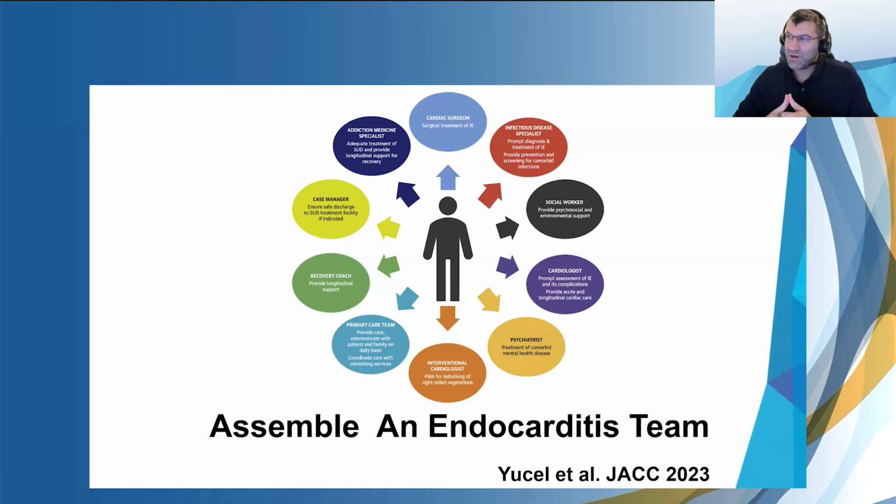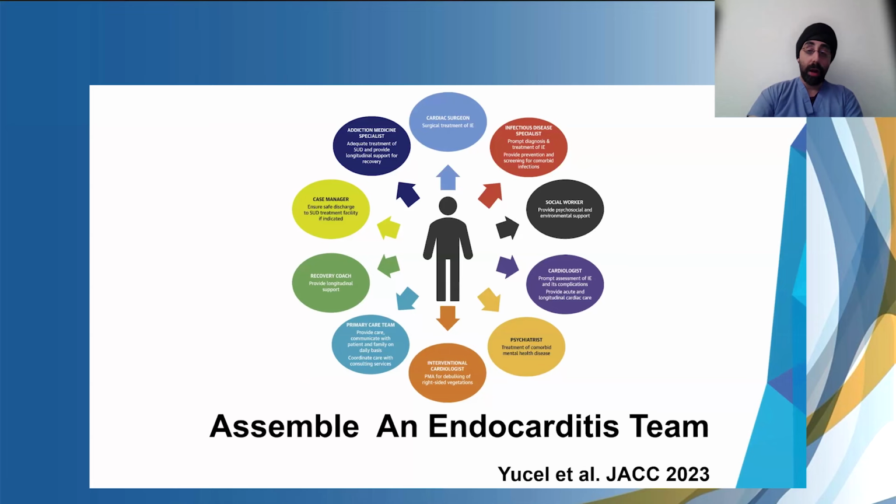Sanjam, how do you assemble the endocarditis team? What's the algorithm like in your hospital? Yeah. So I can tell you what we've done, and I really appreciate, I think some of my colleagues are on the call. There's a group chat in Epic that we're all on. A call will generally go in either through the infectious disease or through general cardiology.